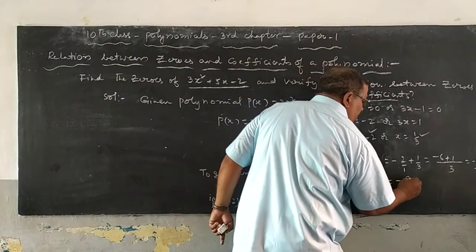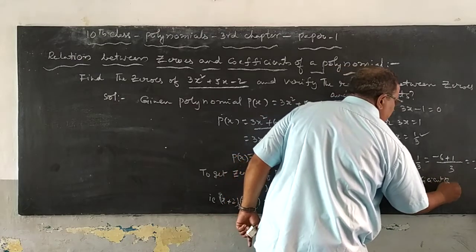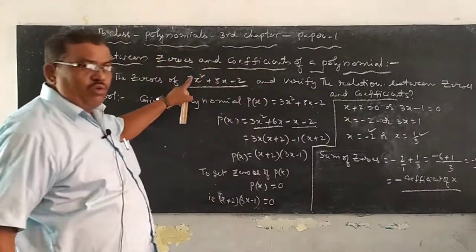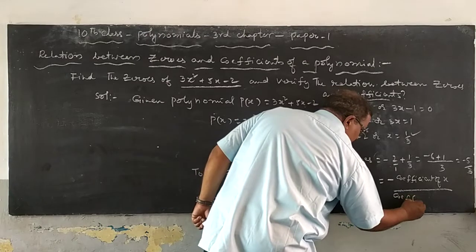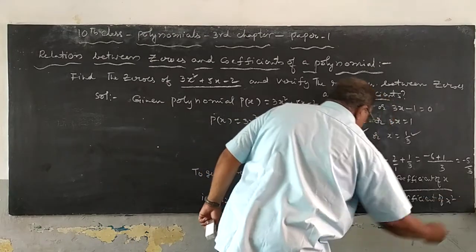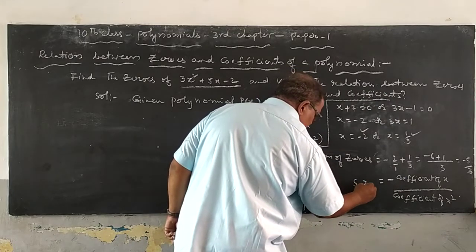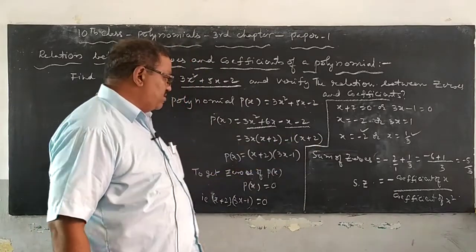And what is 3 here? 3 is the coefficient of x square. So, the sum of zeros is minus coefficient of x by coefficient of x square.